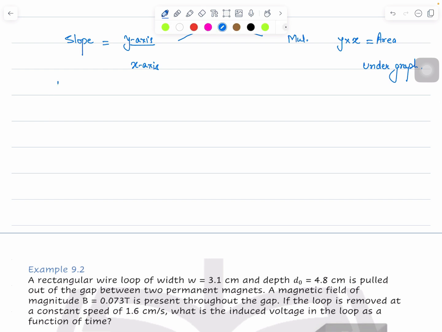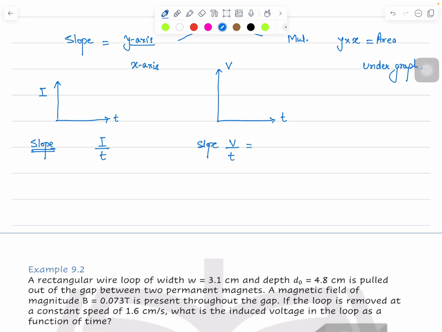Here the first graph, if you check clearly, is between I and t. I versus t. Here is I, here is t. And the second graph, the resultant graph where you need to find the result, is between V and t. So if I'm looking for the slope, V divided by t.